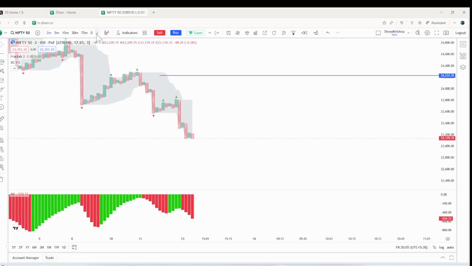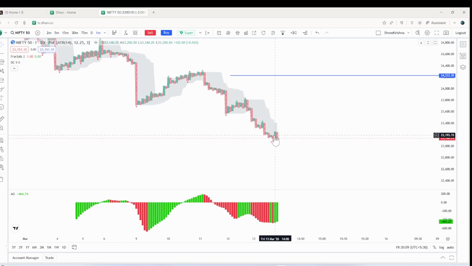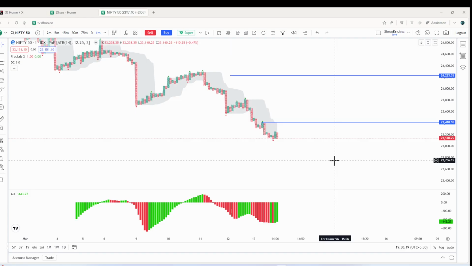You can go to 1 minute in case people go for 1 minute also. See, it's not an anchor column, but once it surpasses 23,422, the representation will become an anchor column.